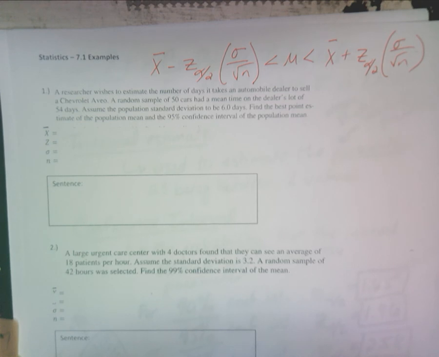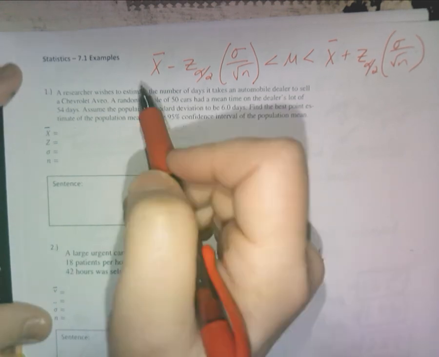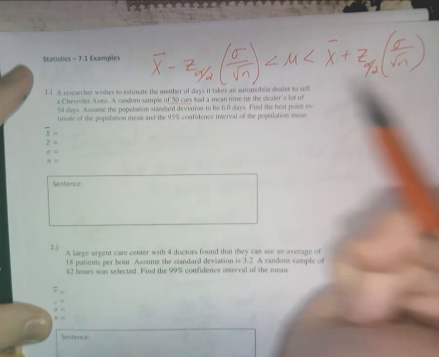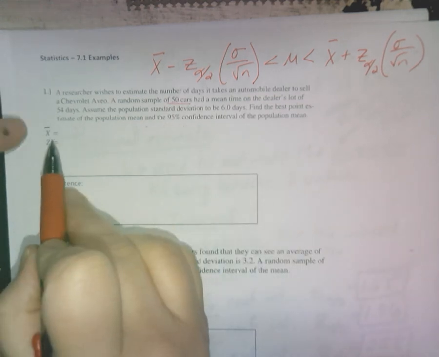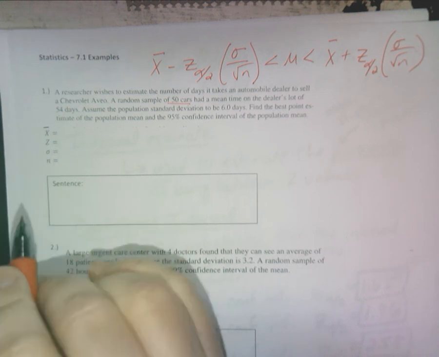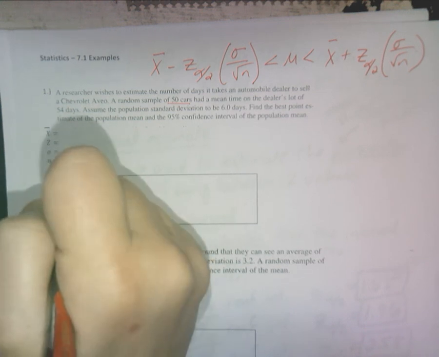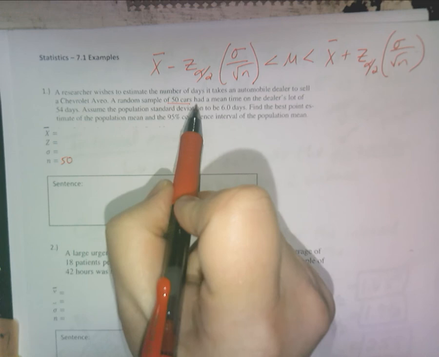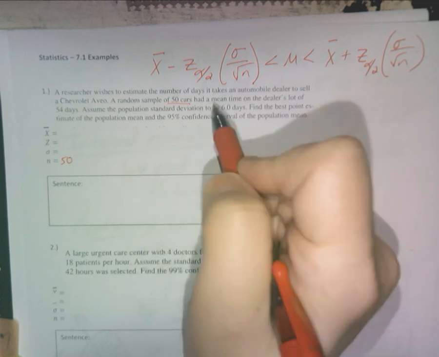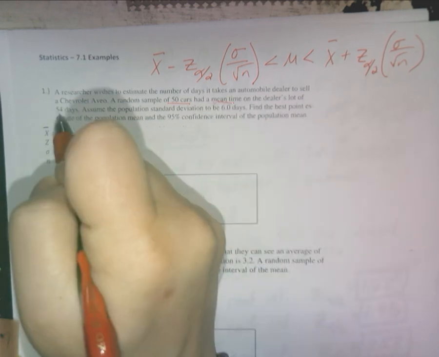So again, you're reading this, you're like, what the heck? You all know these numbers. Let's start up here with a random sample of 50. Is that my N? I took 50 cars off the lot. Usually your 50 people or 50 things is your N. A random sample had a mean of 54.